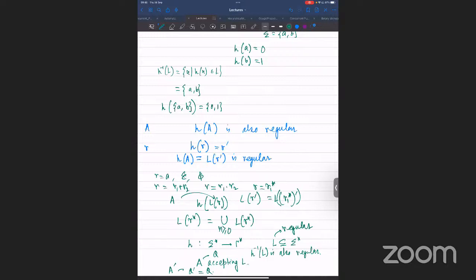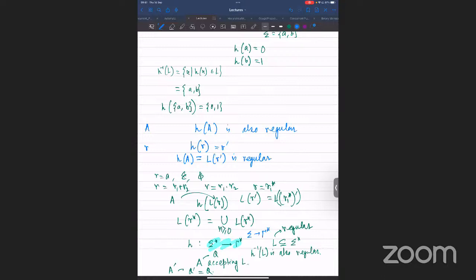In general the homomorphism gives you something of this form, but you can restrict your attention to sigma to gamma star.